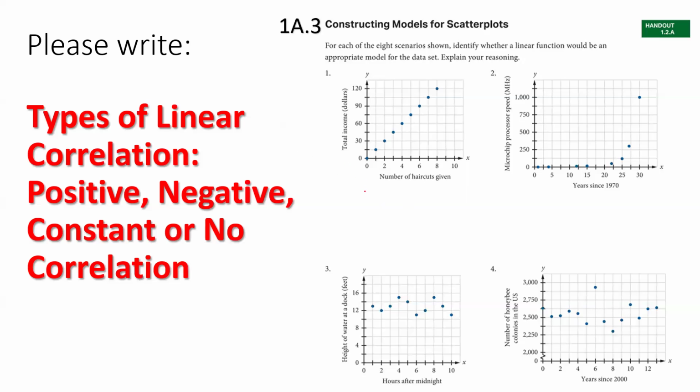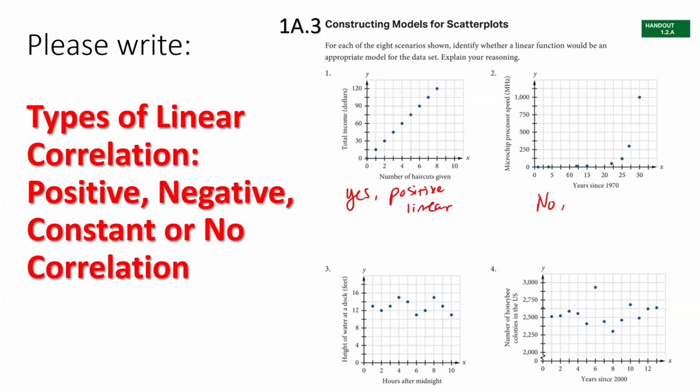So together, we have the first one. Is the first one a linear correlation? Yes, and what kind of linear correlation? Positive linear. We agree? Okay. Number 2, is it a linear correlation? No, it is not a linear correlation.